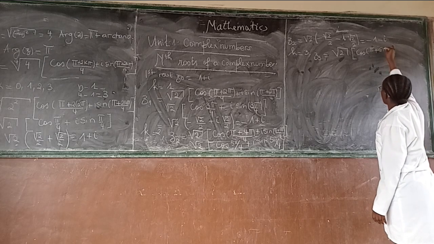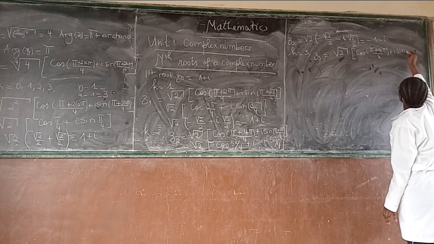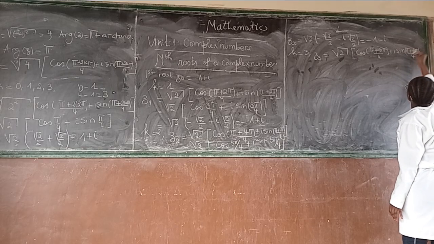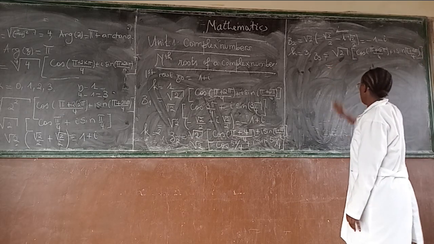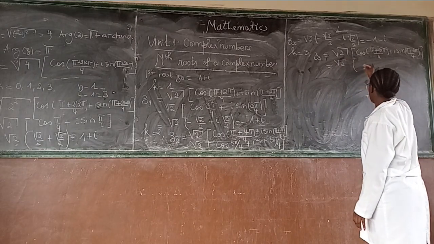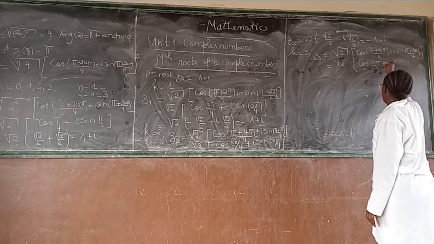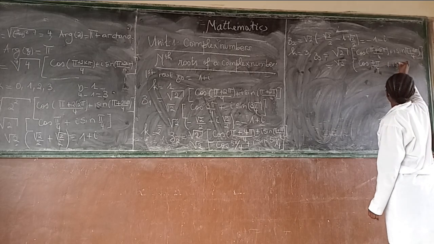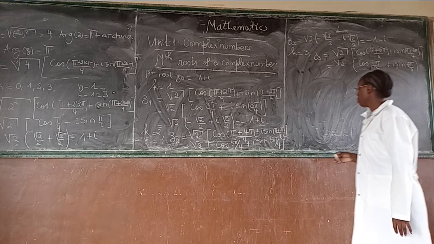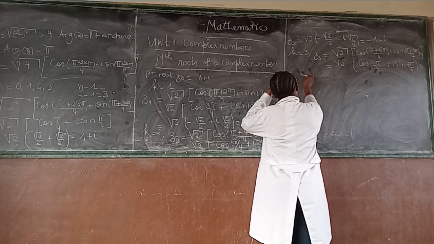We have 6 pi over 4 plus i sine of pi plus 6 pi over 4. Hence, we have square root of 2 cosine of 7 pi over 4 plus i sine 7 pi over 4.